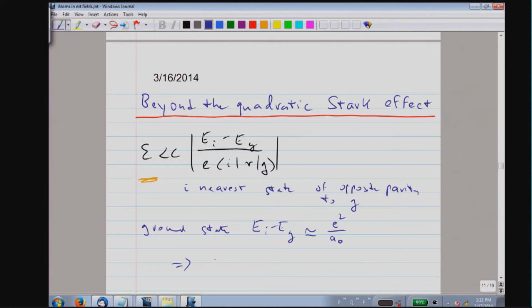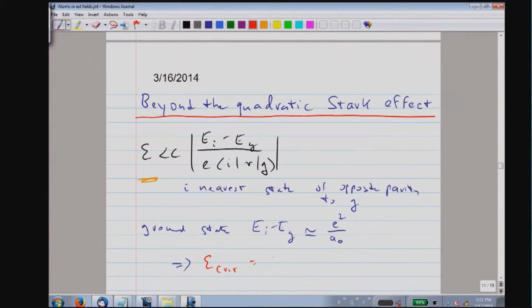And if we estimate that the matrix element for strong transition is on the order of the Bohr radius, there are no other length scales in the problem, we find that the value for the electric field in atomic units is the charge divided by the Bohr radius squared.